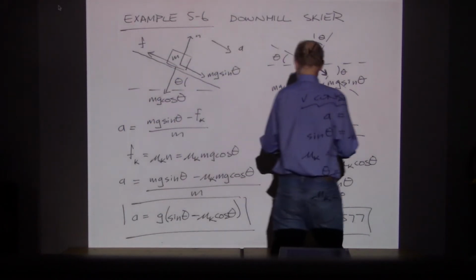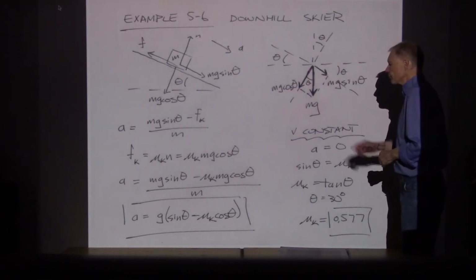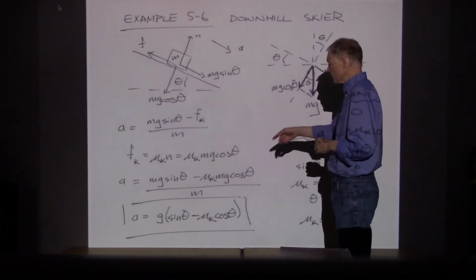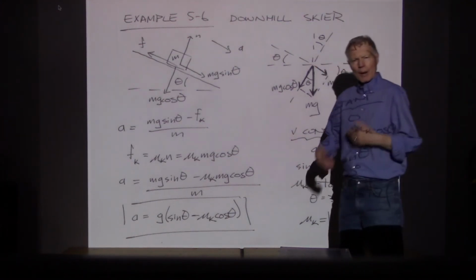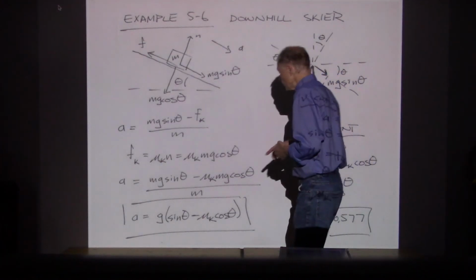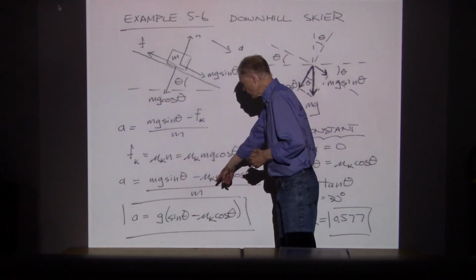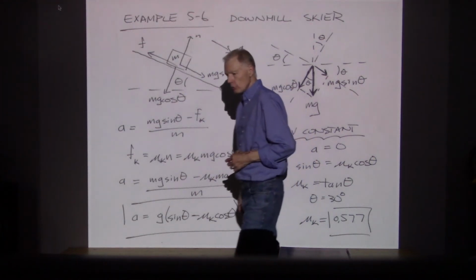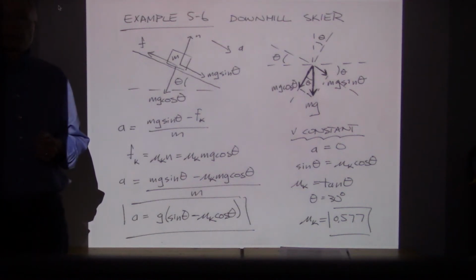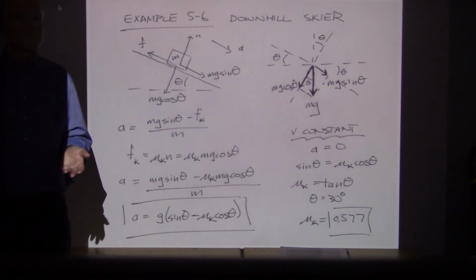Now, what they've told us in the problem is, so that's the formula that we derived, and again, that's one of those formulas that you can kind of stare at and think about, what is that formula telling me? And it's saying, for a given set of angles, or a given set of friction coefficients, you may or may not have an acceleration. Maybe you do accelerate down the incline, maybe not.